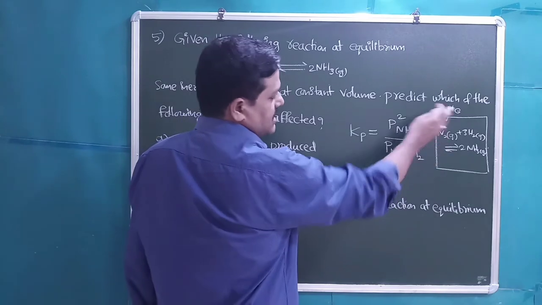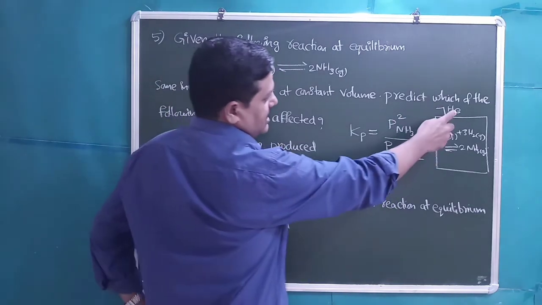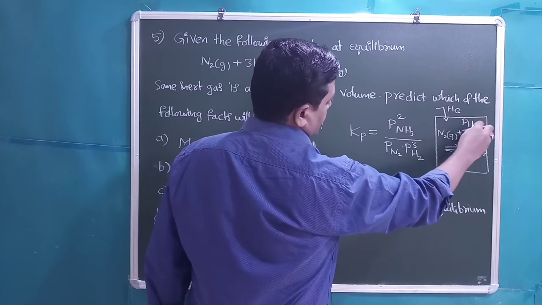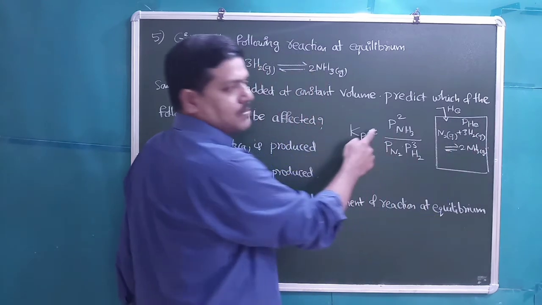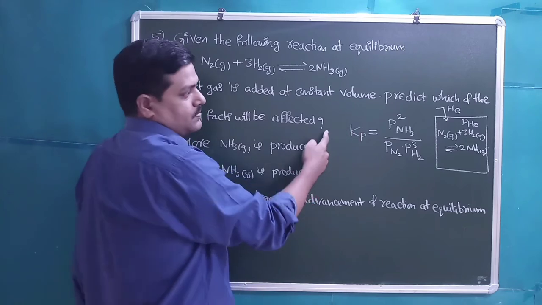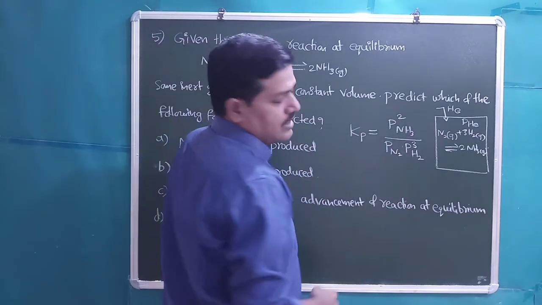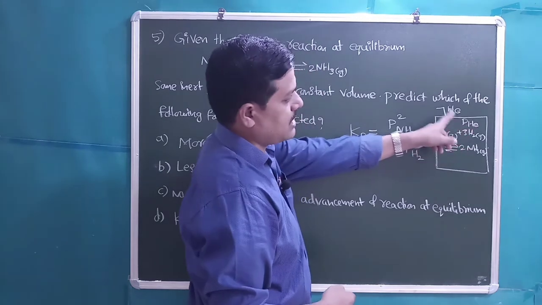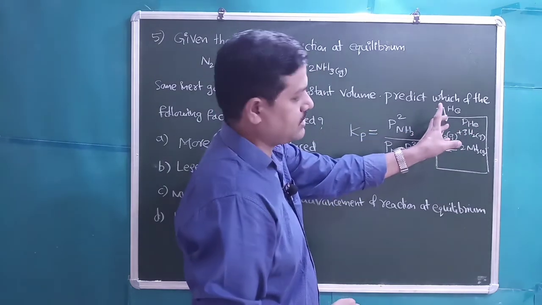Then the total pressure increases, because of the partial pressure of helium. But there is no term of partial pressure of helium in the Kp expression. So addition of inert gas at constant volume to the equilibrium reaction has no effect on the equilibrium system.